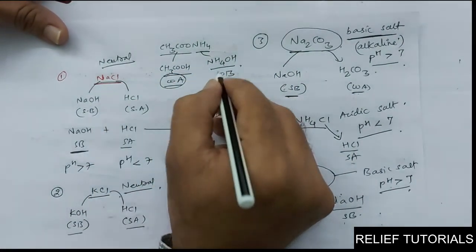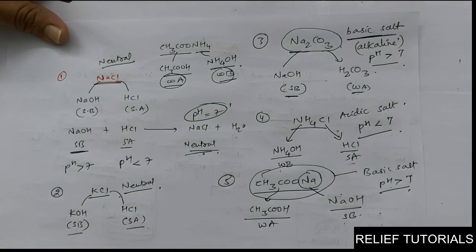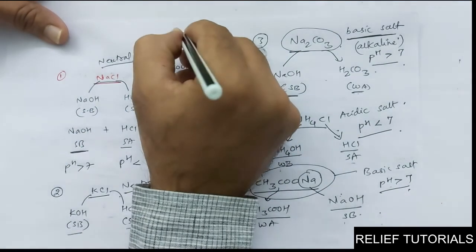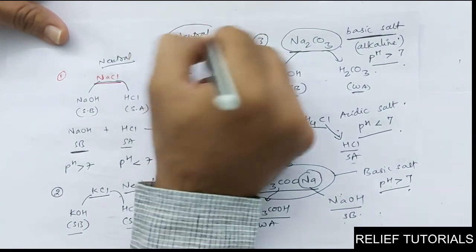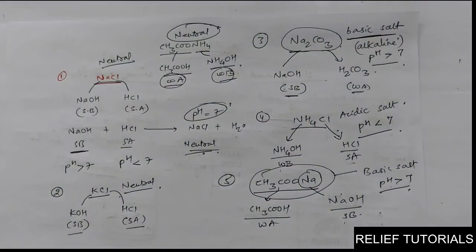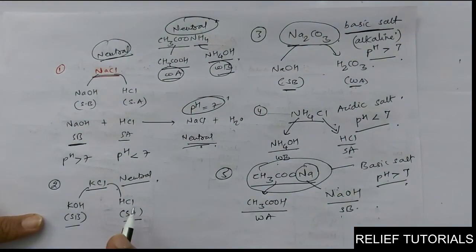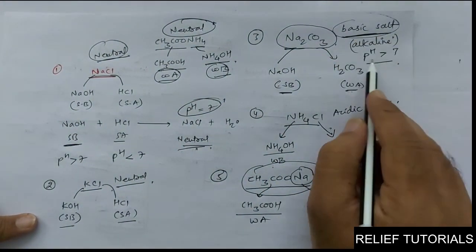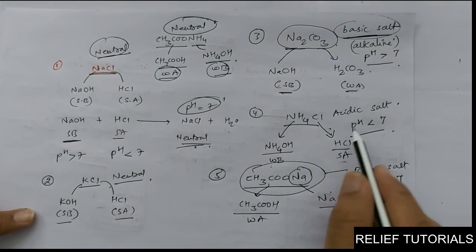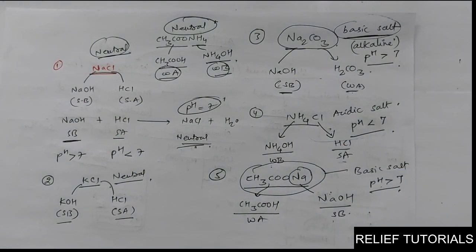Here both are weak, so again both are capable of destroying the properties of each other, and such a salt is a neutral salt. So corresponding to the parent acid and base, there are three types of salts we have discussed: neutral salt having pH value 7, basic salt having pH value more than 7, and acidic salt having pH value less than 7.